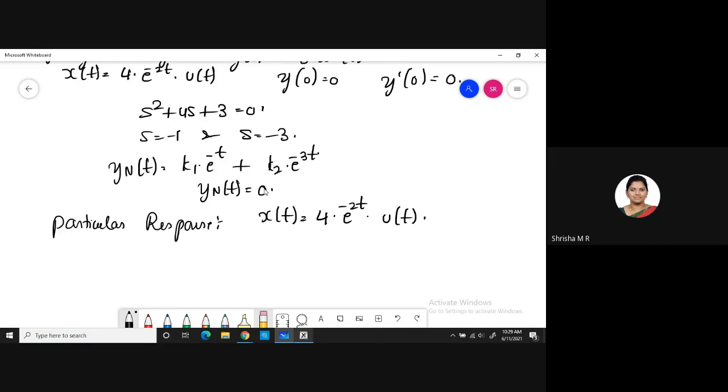It's 4 into e power minus 2t into 1. What is the structure of your particular response? Check the table and tell me.